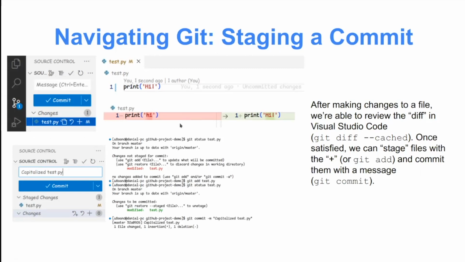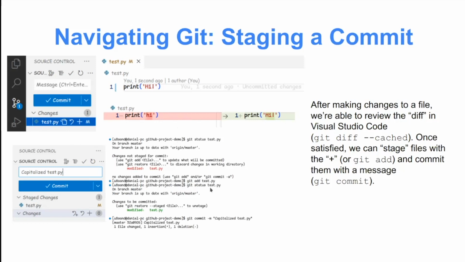And Visual Studio Code has this nice diff feature where after you've made a change and you click on the changes, it shows you this mode where it shows this is what it was previously, i.e. in the Git repo, and then this is what it is in your workspace. So this is what changed. And if we run this git status, we'll see that it was modified, and that's why it appears here.